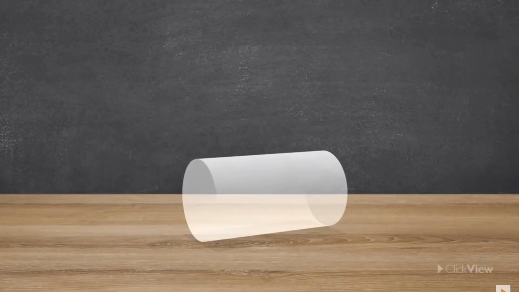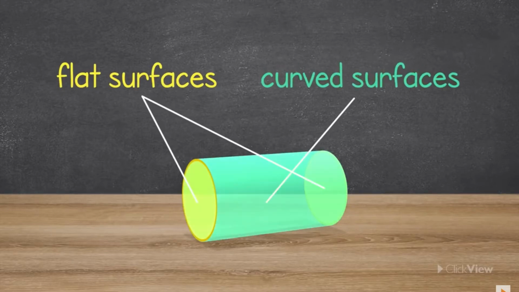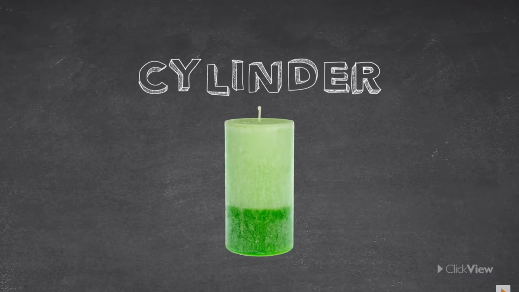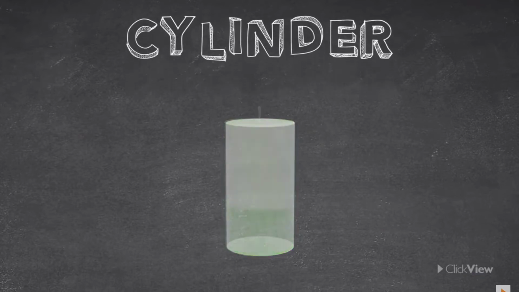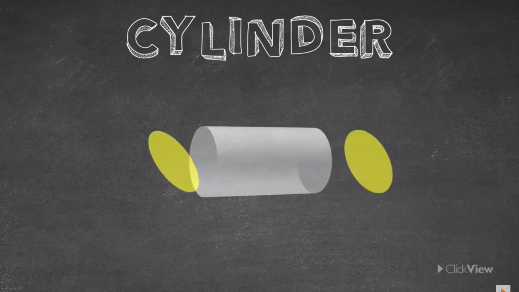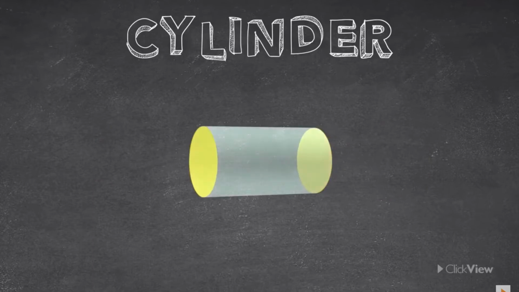However, some 3D shapes have more than just flat surfaces. Some have curved surfaces. But we don't call them faces because faces are always flat. This shape is called a cylinder. A cylinder has 2 circles on each end that are the same size, with a tube in the middle.